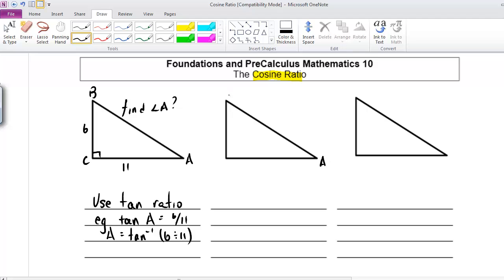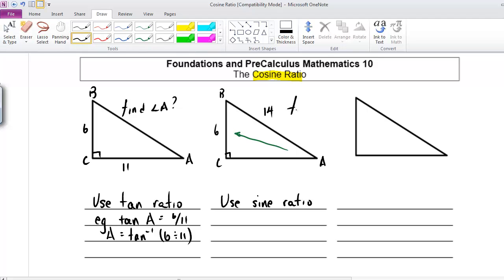If I asked you to find angle A given this picture from last day, what you should recognize to do is to use the sine ratio, because I have the opposite side of the angle.